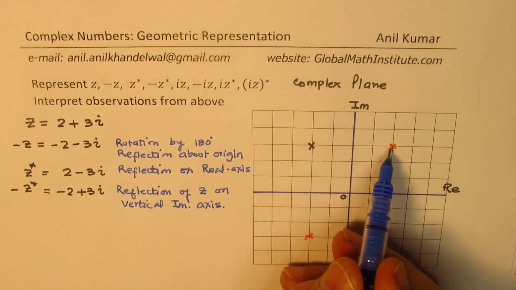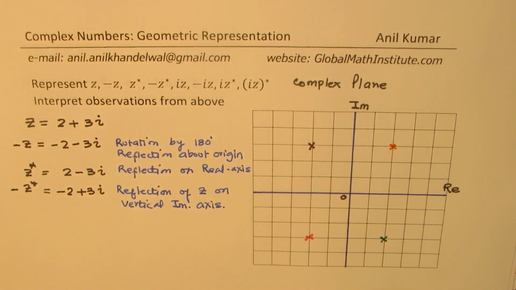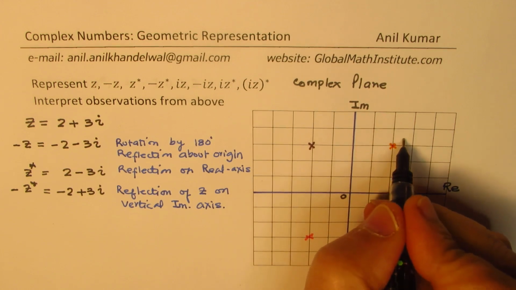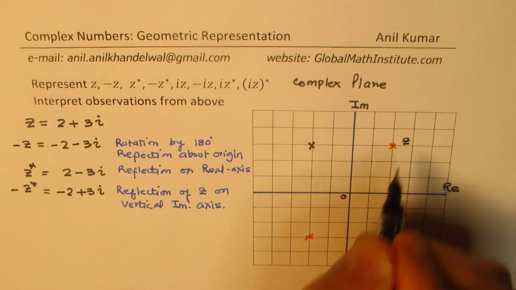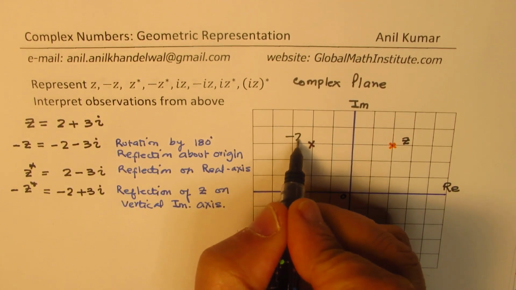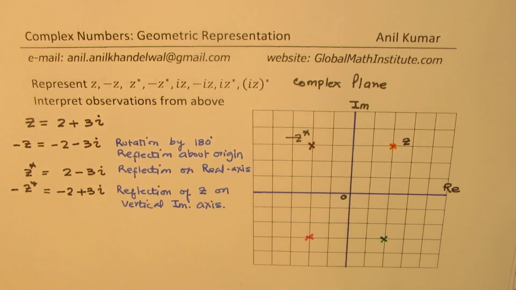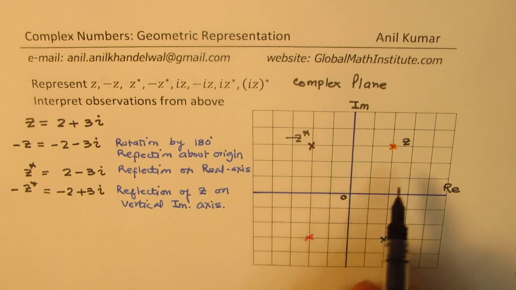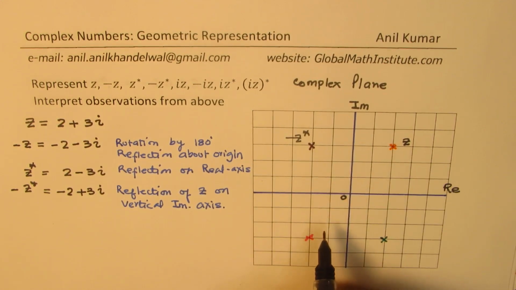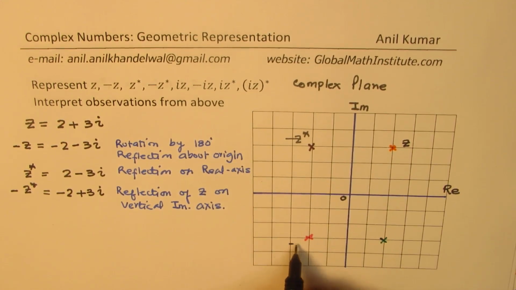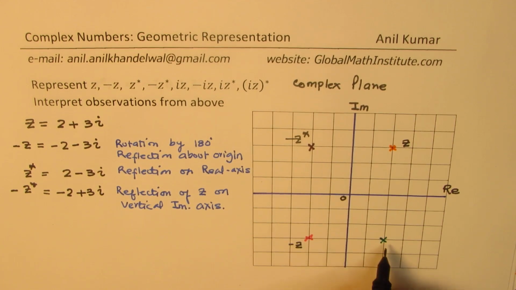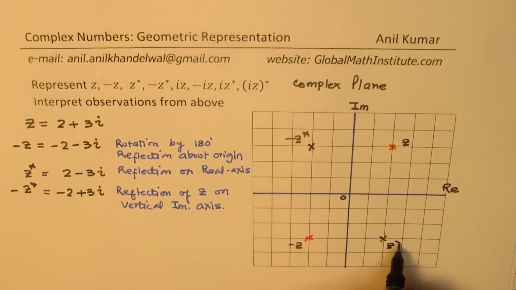So if you compare with the original, which is z for us, in that case, minus z conjugate is a reflection on the imaginary axis, correct? So let me write the numbers as we move along. So we have minus z here, right? And that is the conjugate of our complex number.